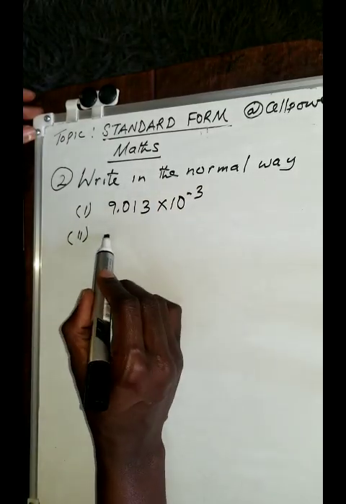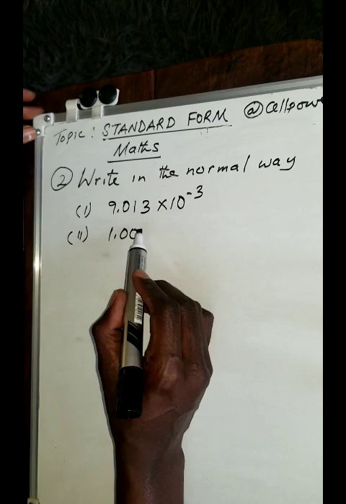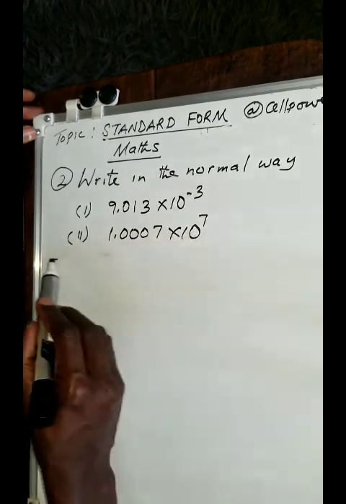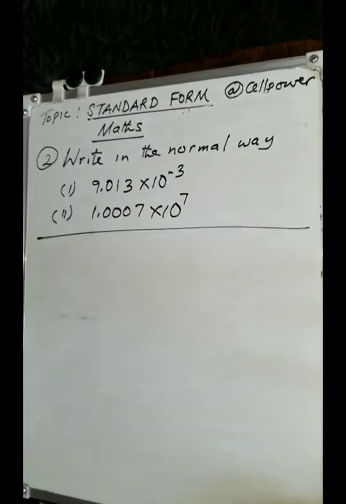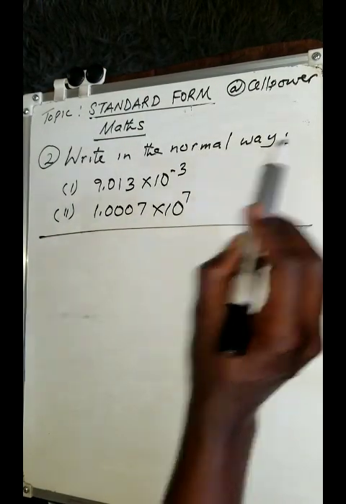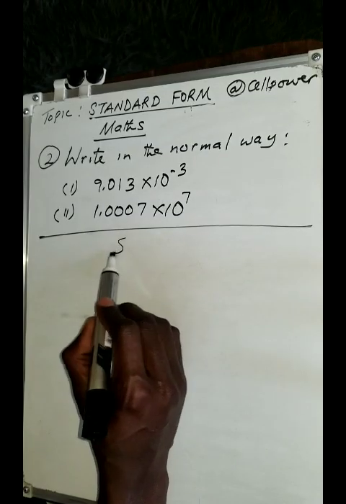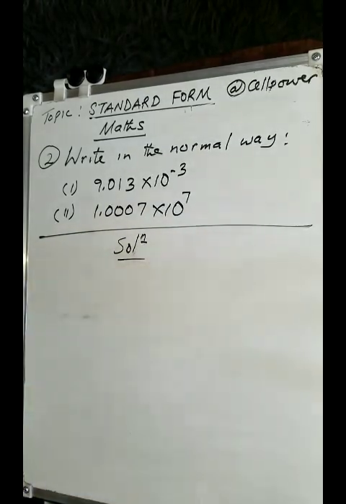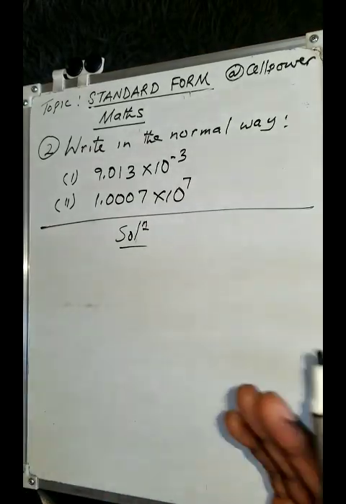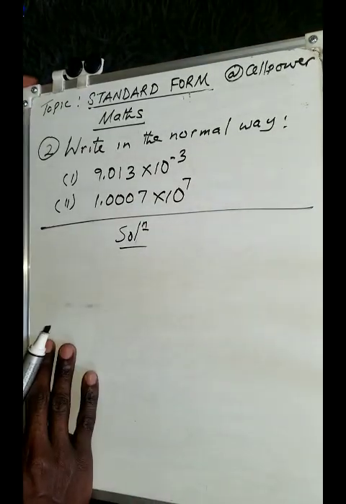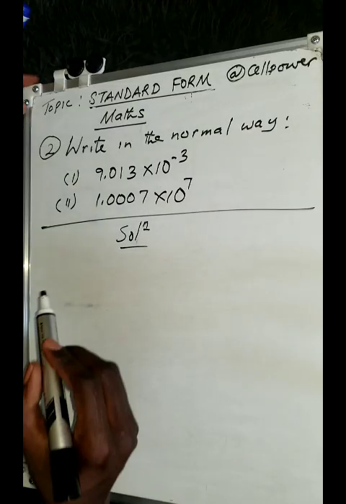Then 2, you have 1.0007 times 10 to the power 7. Now I want you to write these in a normal way. They have been written in standard form, but let's write them in a normal way. Of course, you need to remember this because these are gymnastics that you are going to be applying even in other subjects like physics, chemistry, and the like, as you advance.